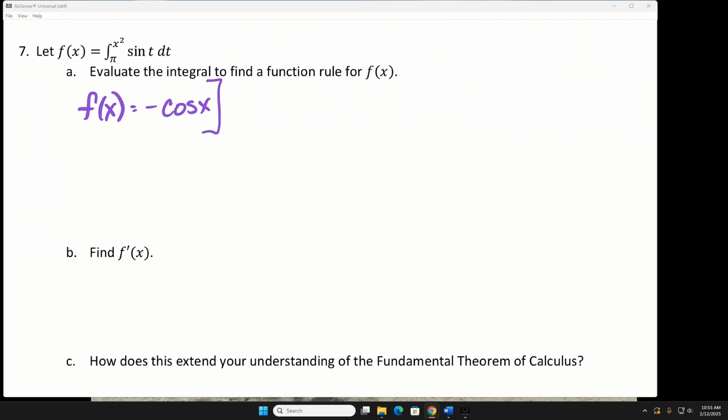Whenever you're finding the antiderivative of sine t, we make sure that we do a negative. The answer is always a negative cosine. All right, and we're going from pi to x squared. Now what do we do with that pi and that x squared to represent f of x? So negative cosine of x squared minus negative cosine of pi.